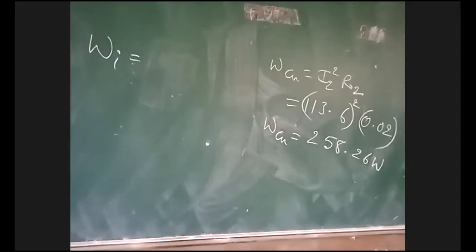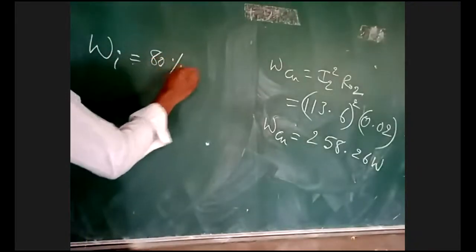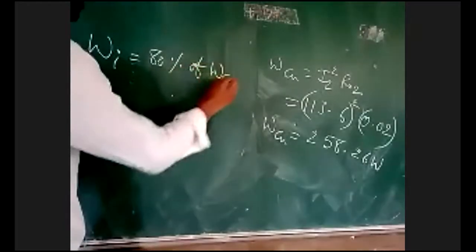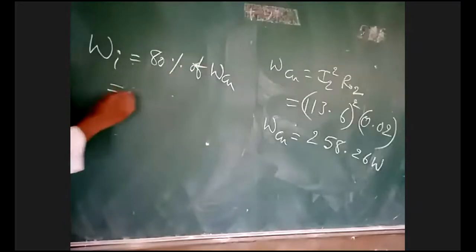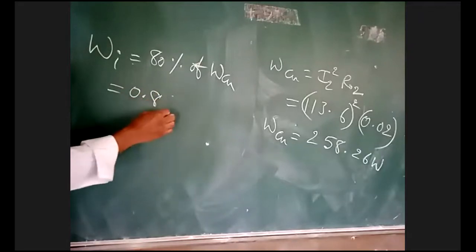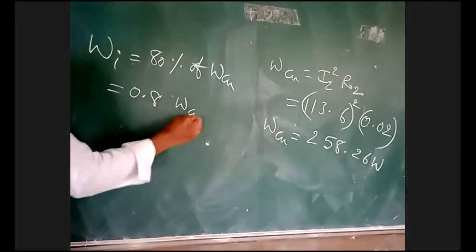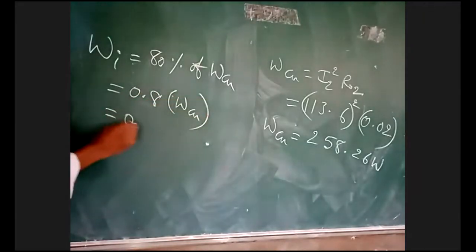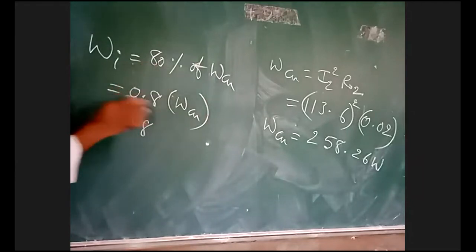Read the question. 80% of full load copper loss, that means 0.8 into WCU.